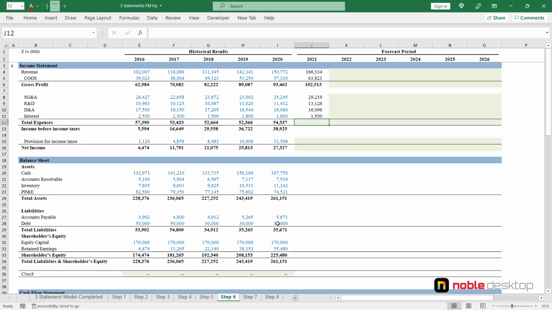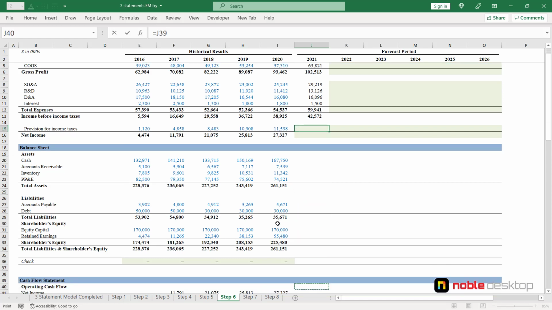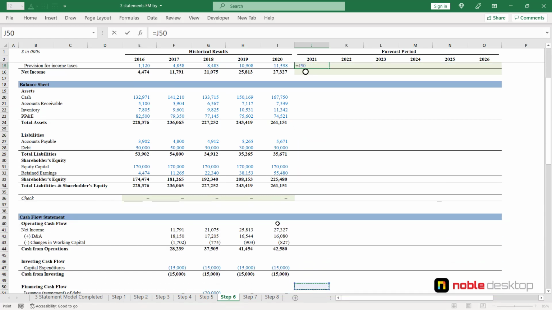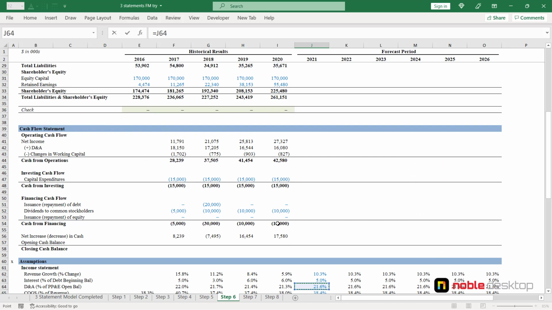My total expenses, I will sum up all of the above, and income before income taxes, I will steal the formula from the year before. Provision for income taxes. Here, I remember I assumed my tax rate for the forecasted year in my assumption schedule.